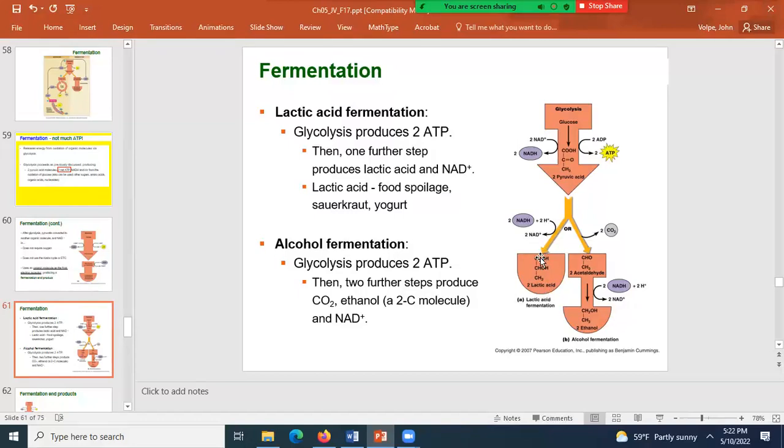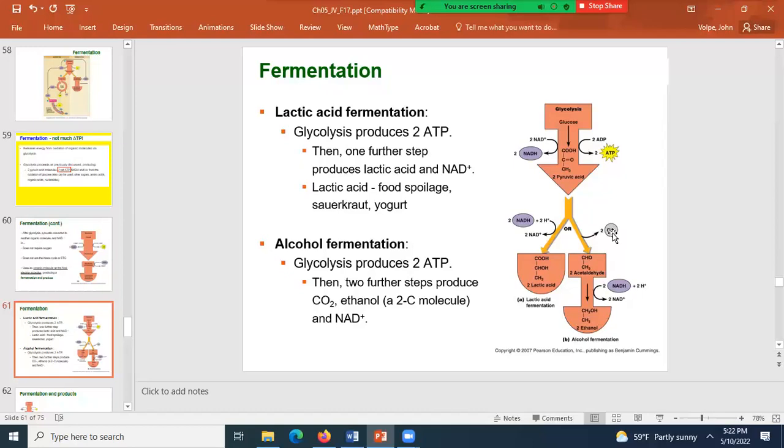Anyways, lactic acid fermentation happens in one step, making lactic acid. And then alcoholic fermentation happens after glycolysis. It happens in two steps. CO2 is given off right there, and that gives beer its fizz.